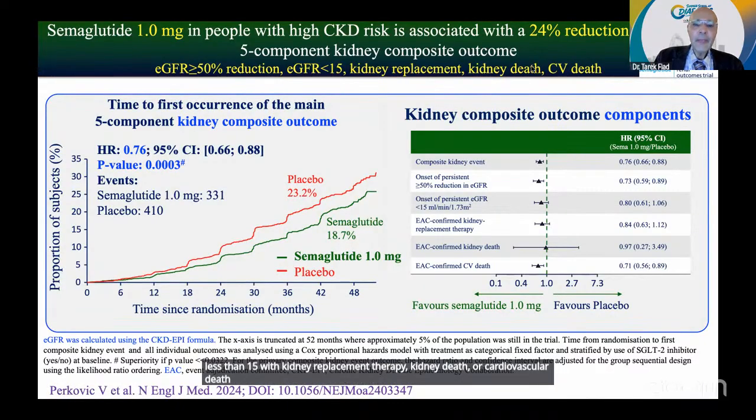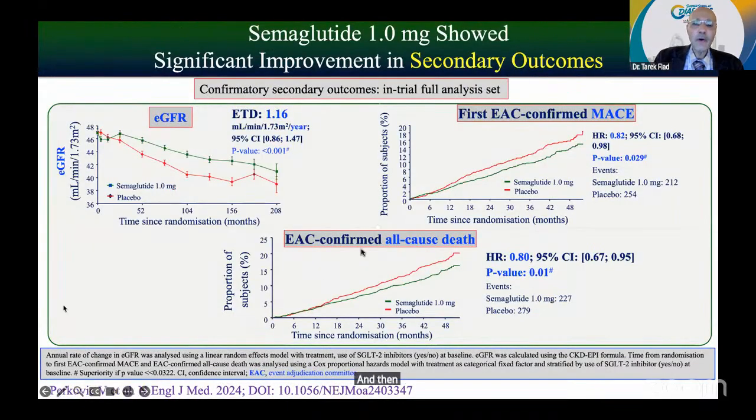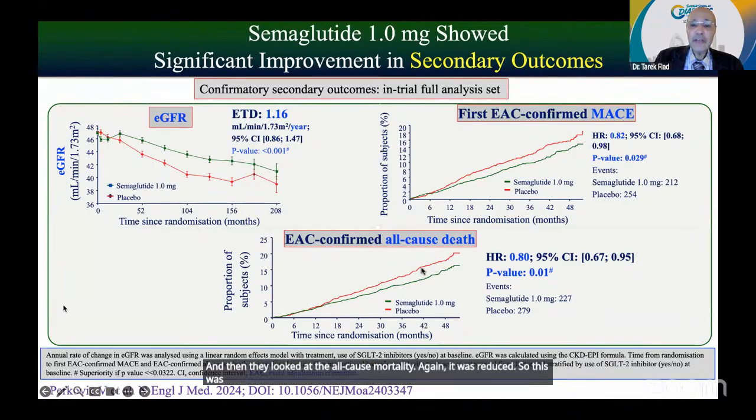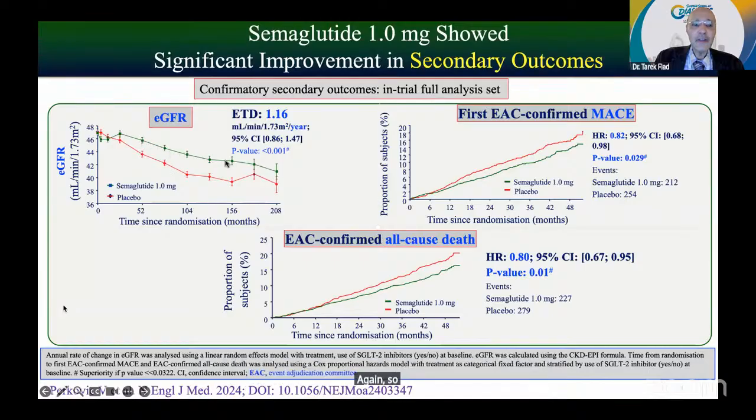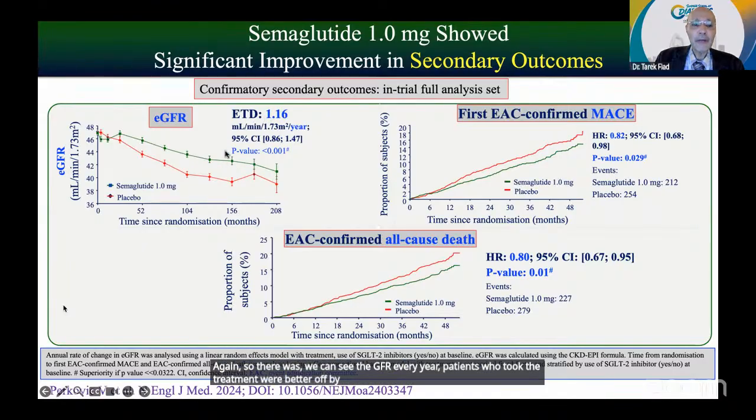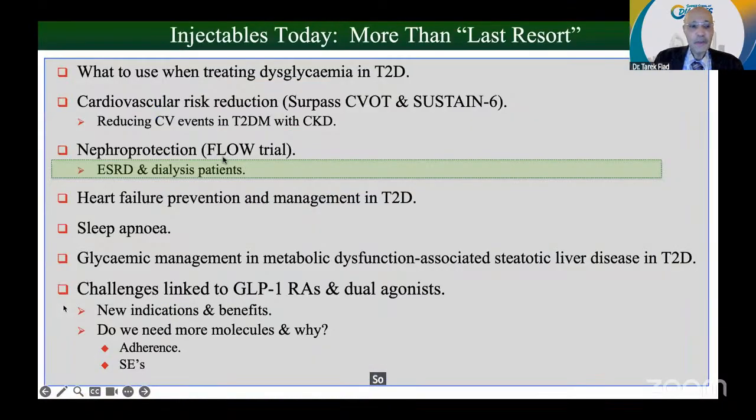Fair enough. And then they looked at the all-cause mortality. Again, it was reduced. So this was very impressive to achieve in patients who have chronic kidney disease, 3-point MACE, and the GFR again. So we can see the GFR every year. Patients who took the treatment were better off by 1.2 ml per minute per year. So nephroprotection was demonstrated very clearly.